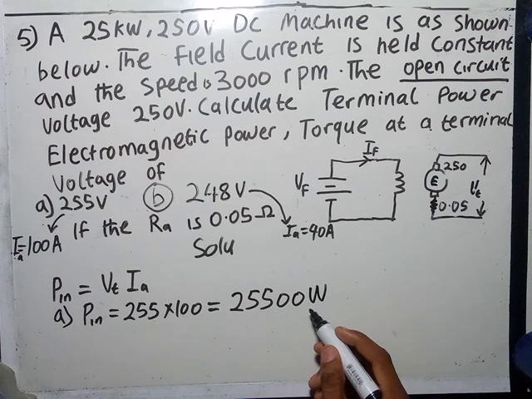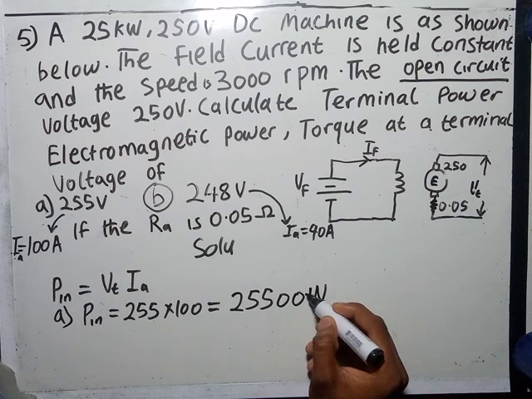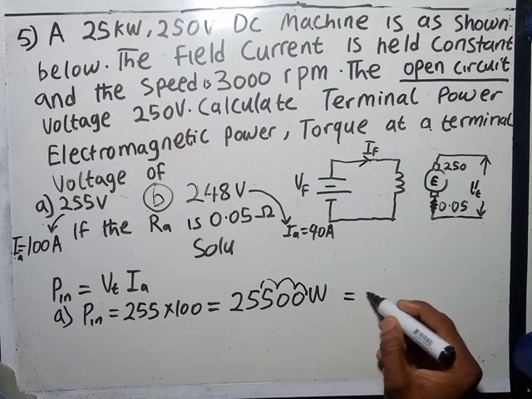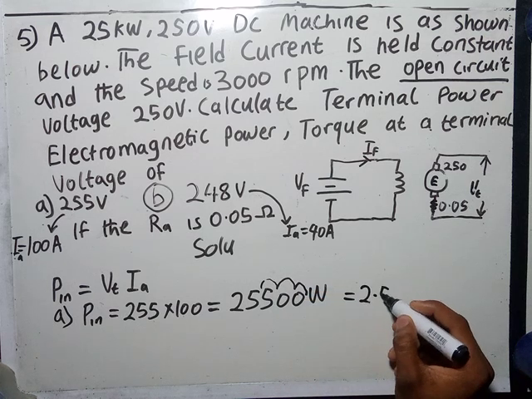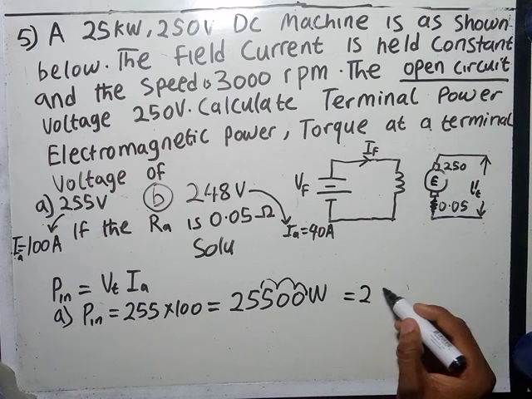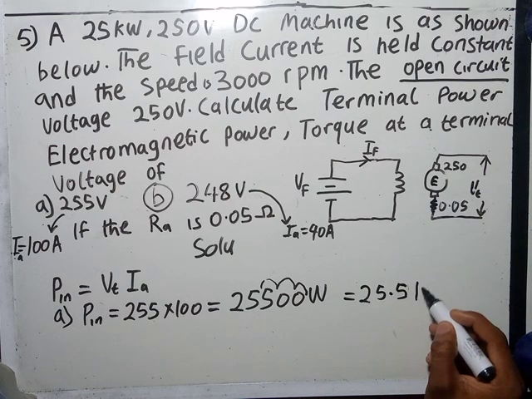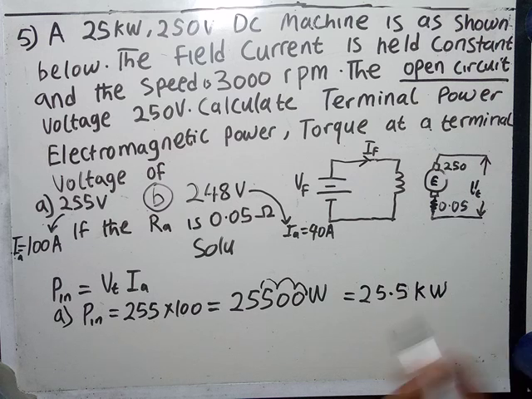Converting this, you can still say 1, 2, 3, which is 25.5 kilowatts.